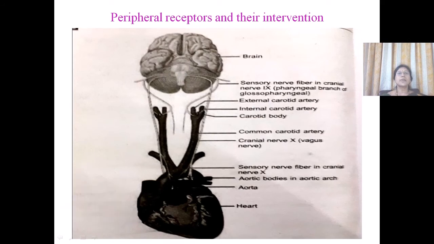This is a central chemoreceptor present in the brain, and this is a carotid body. Here lies a carotid body, and here the aortic bodies are present in the aortic arch. This is the sensory nerve fiber in cranial nerve 9, and this is cranial nerve 10.